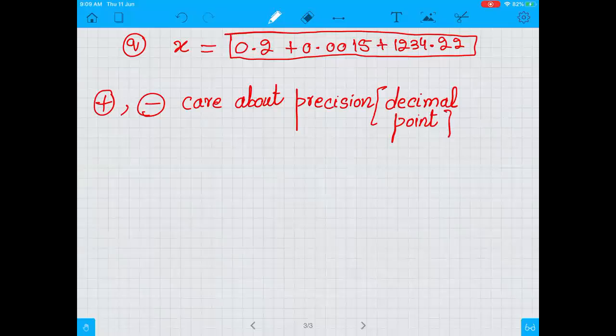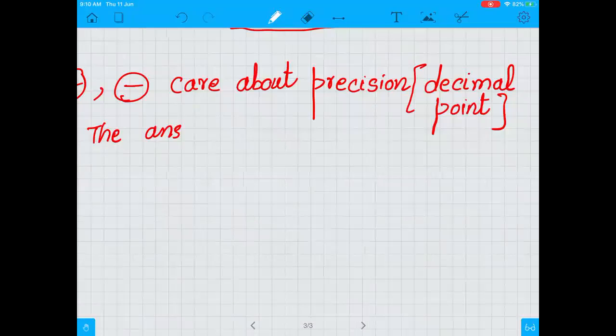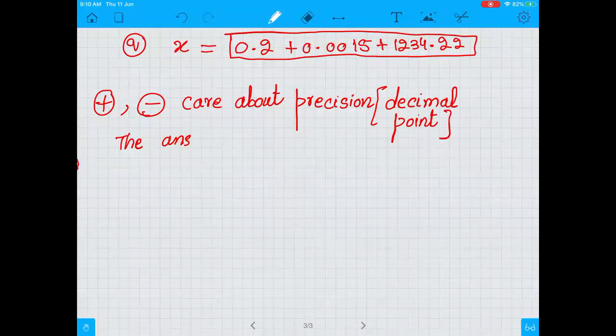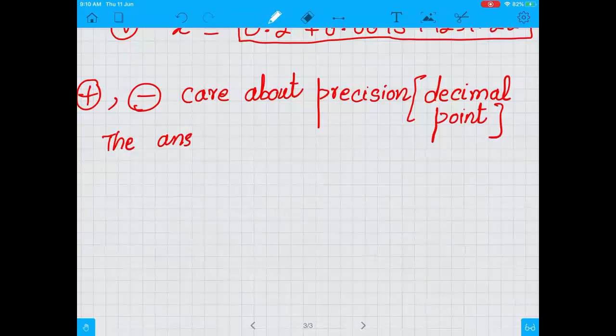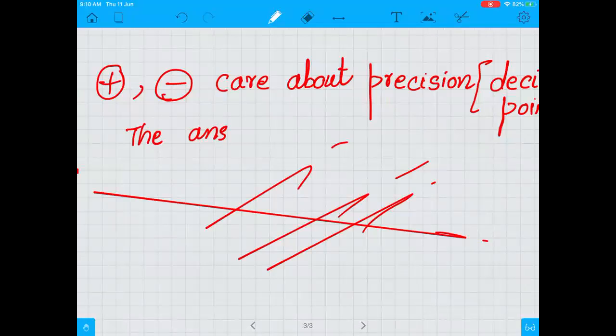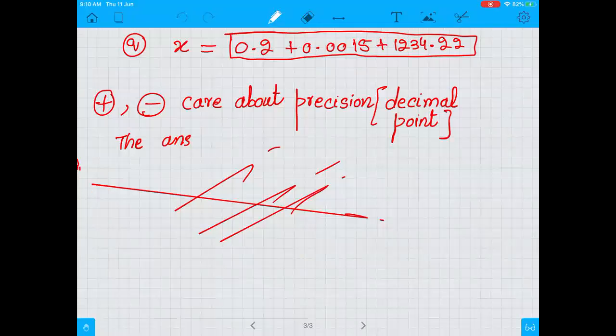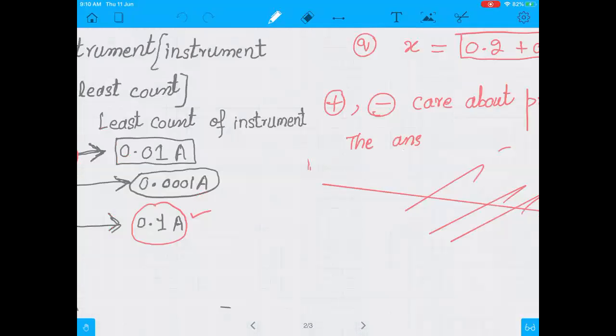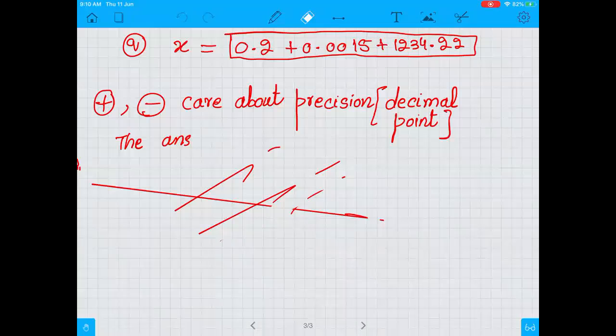So, in simple words, when you are adding or subtracting, you have to be careful.